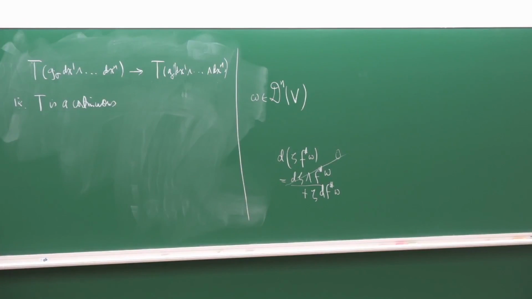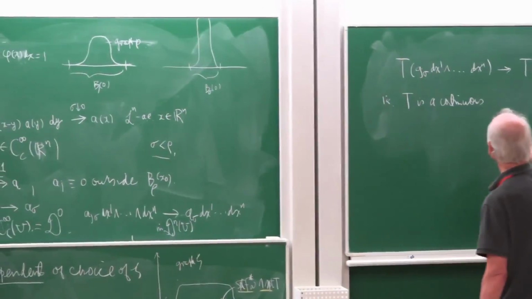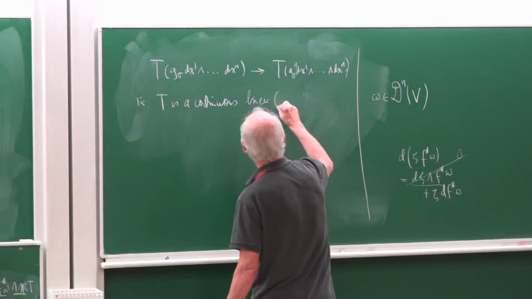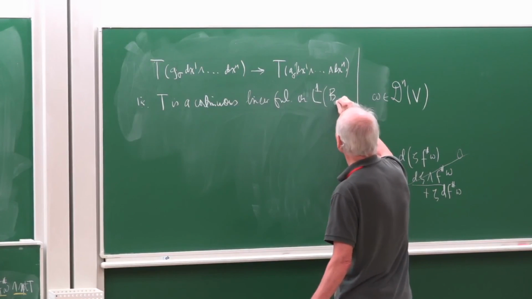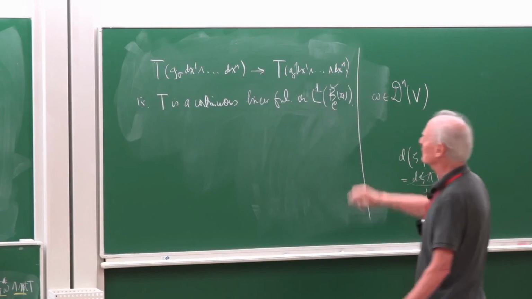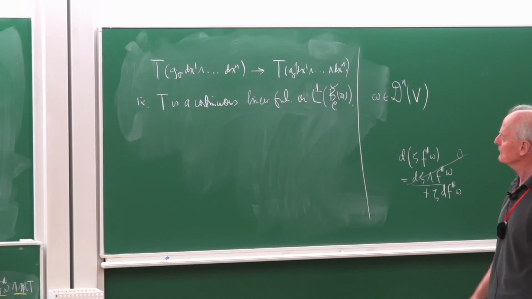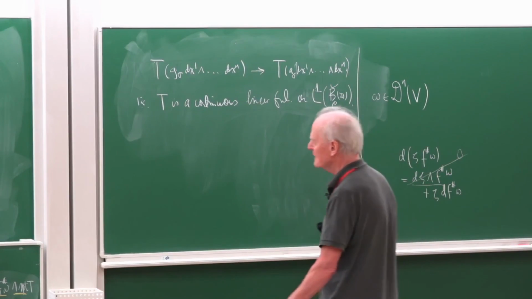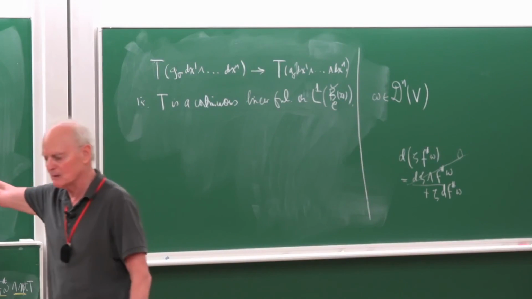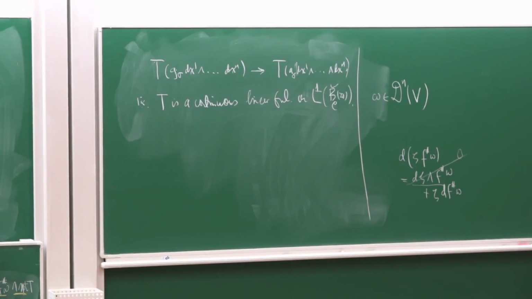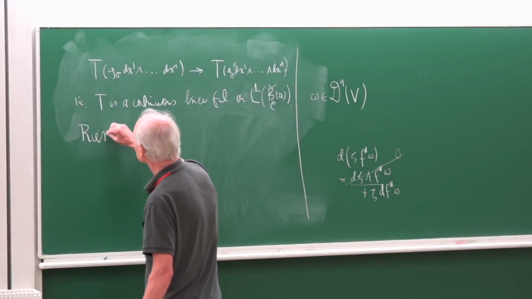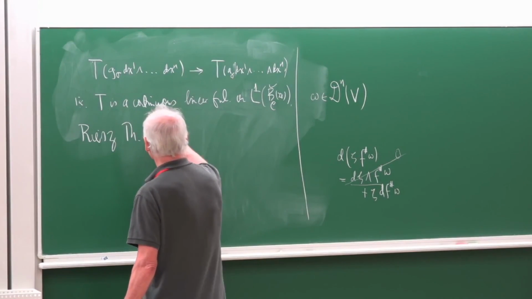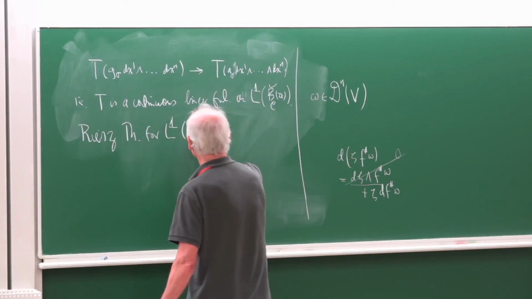Keeping in mind that this was all true if you merely had A_j converging to A in L1, this is a continuous linear functional on L1 of B rho x0, the open ball of radius rho. But then the Riesz representation theorem holds, not the Riesz theorem that I was referring to before, but the Riesz theorem for L1, for L1 of B rho x0.